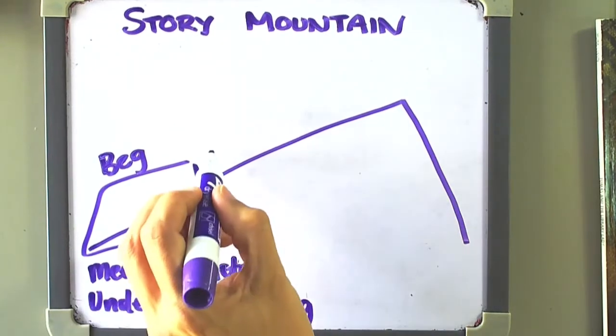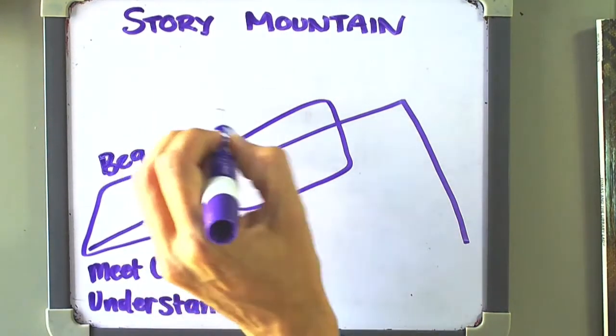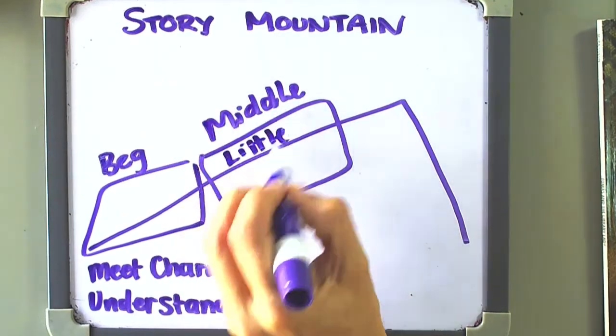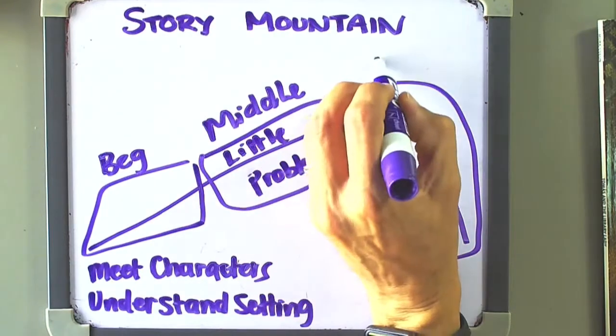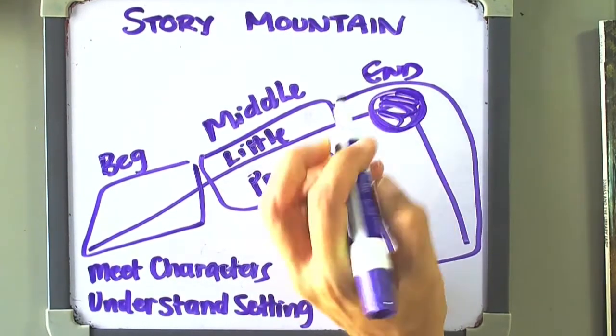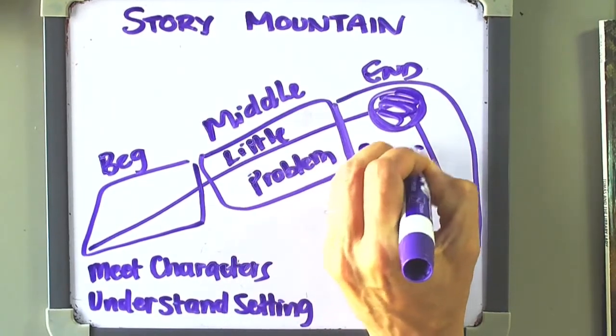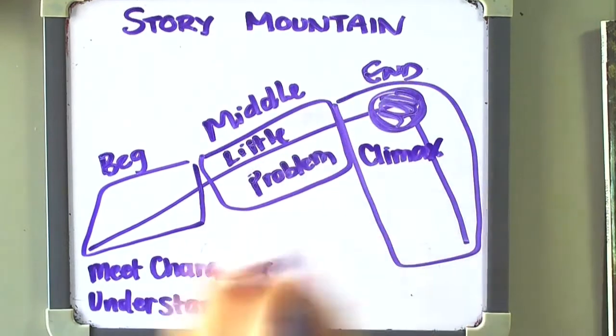Then in the middle, there's kind of this part where the character might face problems. Then this ending part is where there's like this big, huge problem. We call this the climax. And then there's the big story problem and then the solution.